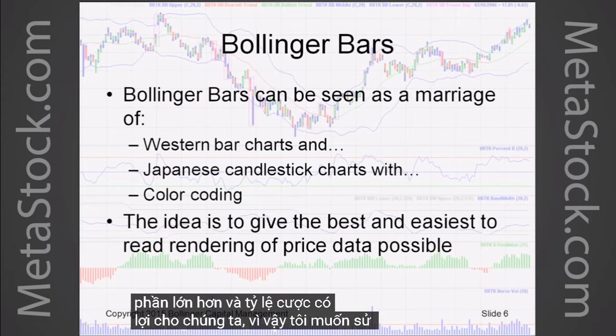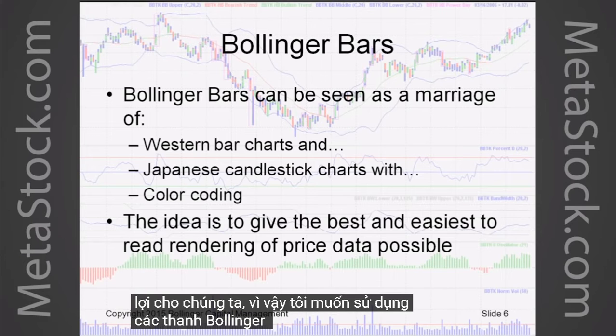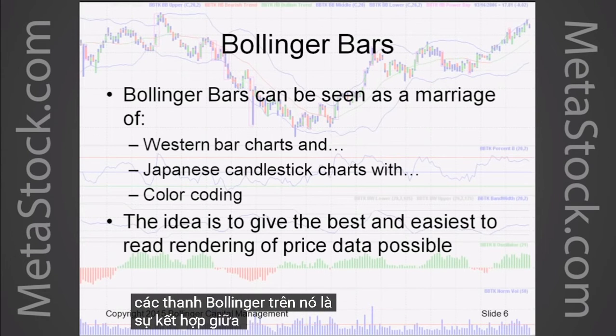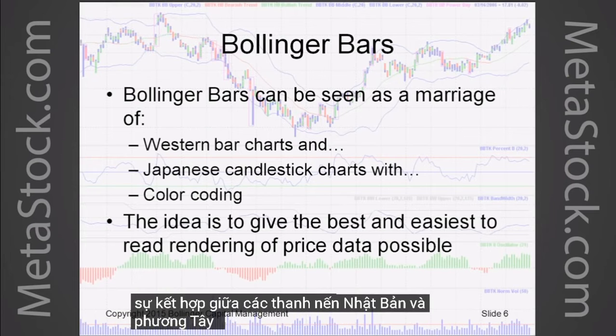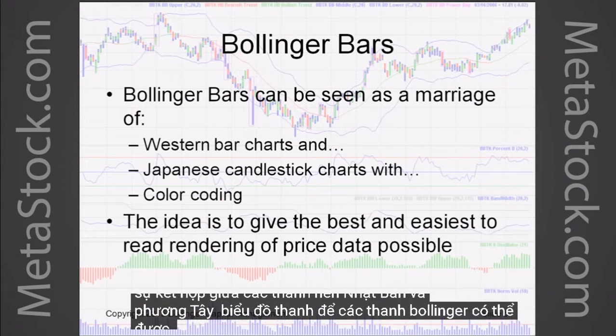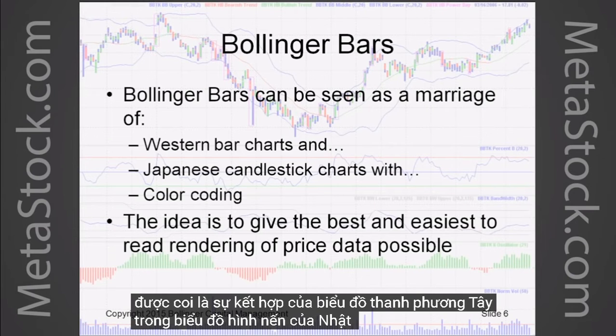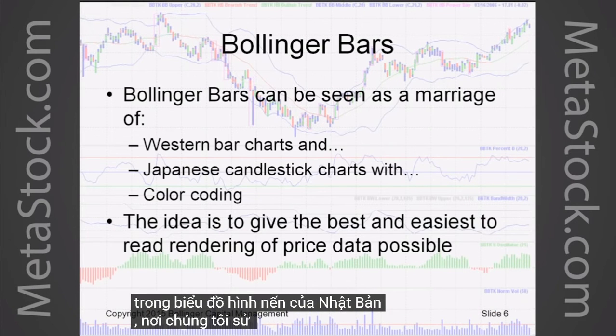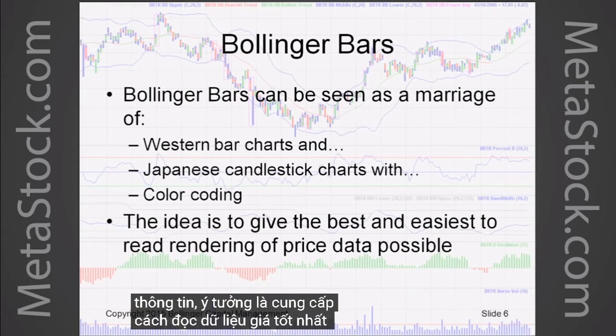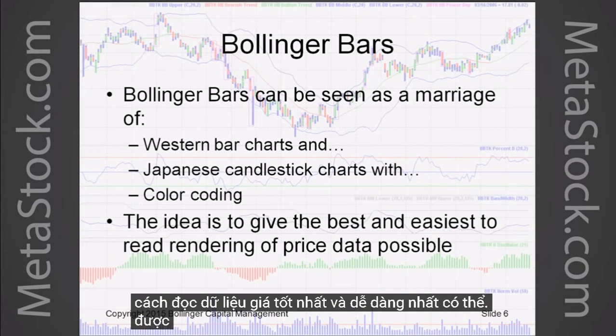So I like to use Bollinger Bars. It's sort of a combination of Japanese candlesticks and Western bar charts. So Bollinger Bars can be seen as a marriage of Western bar charts and Japanese candlestick charts where we use color coding to fill in the information. The idea is to give the best and easiest possible way of reading the price data that is possible.